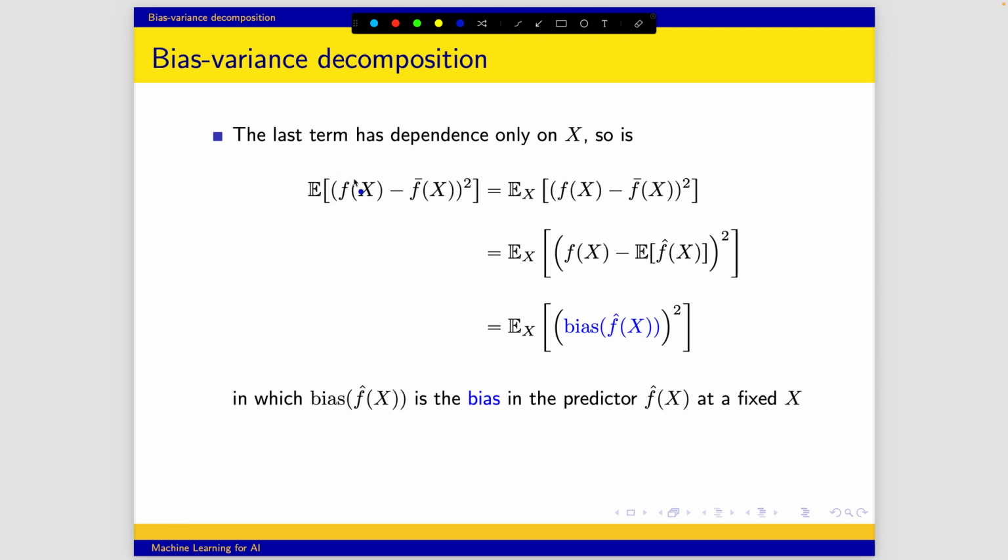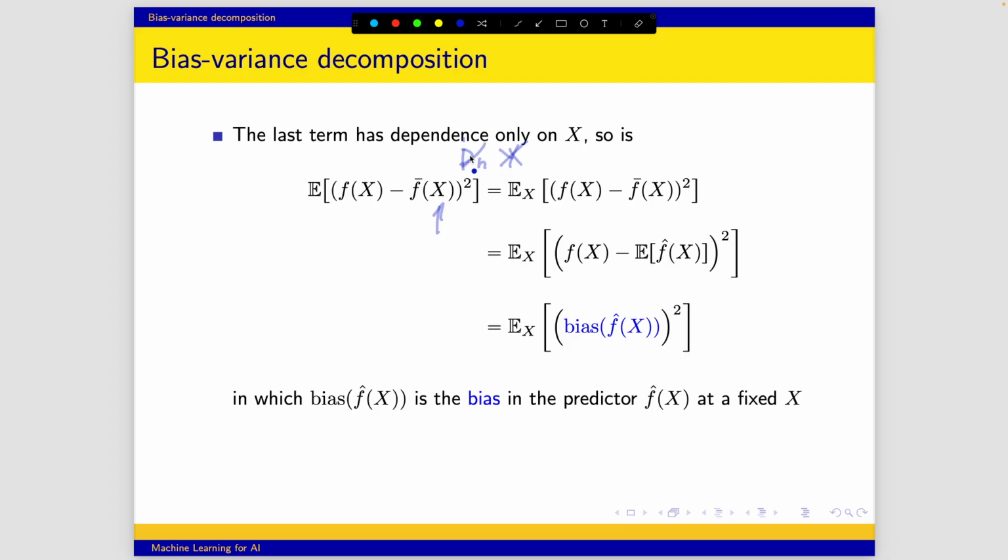What about this term here? Well, we've already seen this is the expected value of our predictor over training samples. So this has no dependence on D_n and no dependence on y.